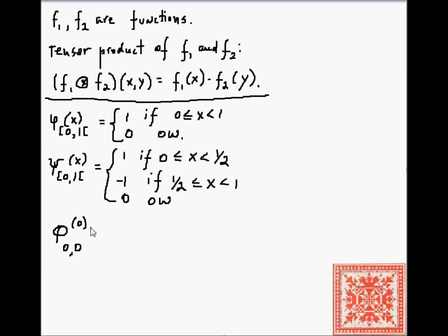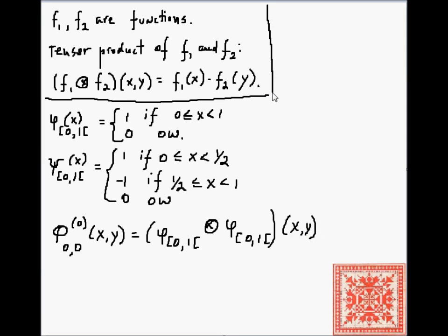So we can use these two functions to define two-dimensional Haar wavelets. The first one is the so-called average or constant wavelet, defined as big phi sub 0, 0. The 0, 0 is essentially the origin of our coordinate system.